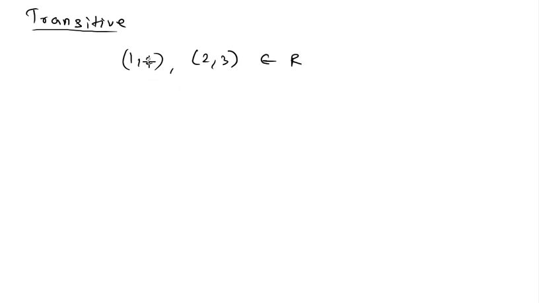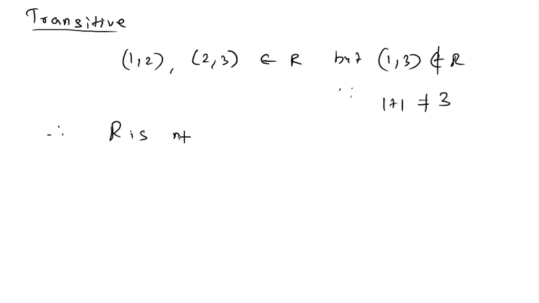Now we have to show whether it is transitive or not. So to discuss transitivity, take 1 comma 2 and 2 comma 3 belonging to R. Because 2 is 1 more than 1, and 3 is 1 more than 2. But 1 comma 3 does not belong to R. The reason is that pre-image plus 1 is not equal to image, and therefore R is not transitive.